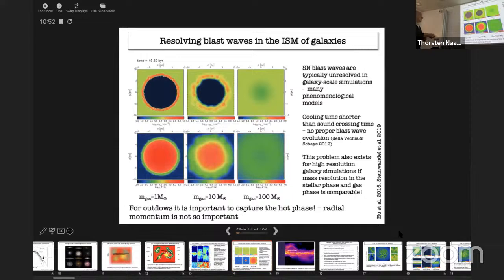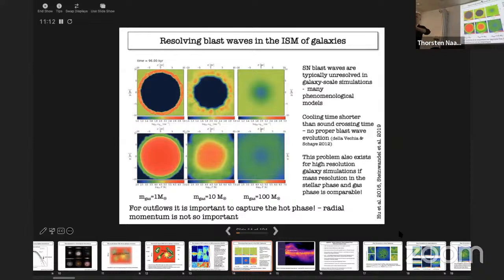If you go to higher resolution, you generate a hot phase. You kind of get a shell. So it looks better, but not perfect. If you go to even higher resolution, you pretty well resolve a phase structure. You have a hot phase, you have a shell, you start seeing some instabilities in the shell. And this is for a single supernova explosion.